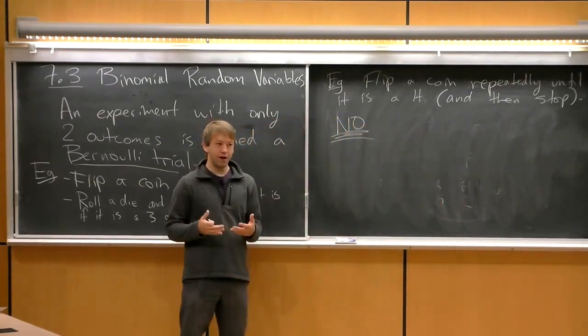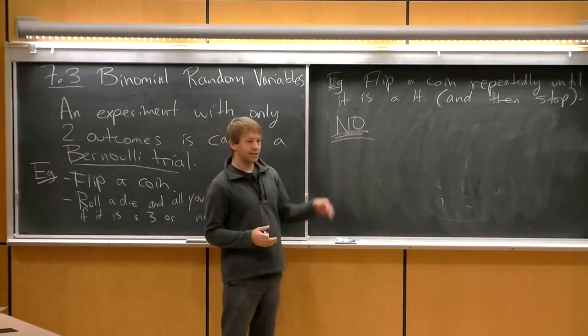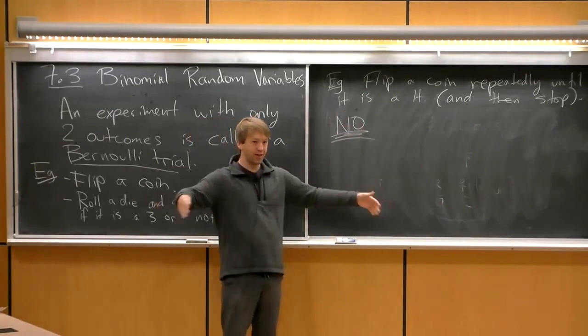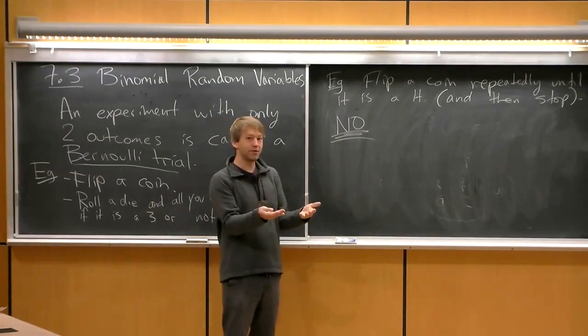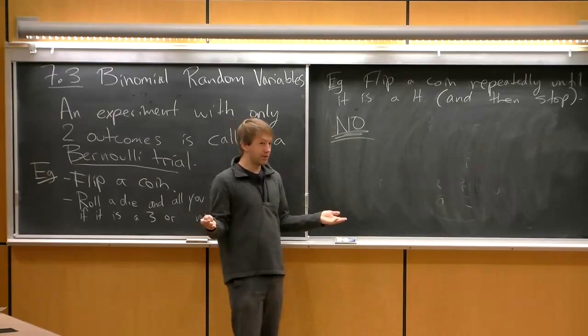The number of trials is not a fixed number, right? If you just read this experiment, the number of trials could be anything. It could be one, maybe you get a heads the first time, or maybe you get tails then heads, or tails, tails, heads. The number of trials could be anything.